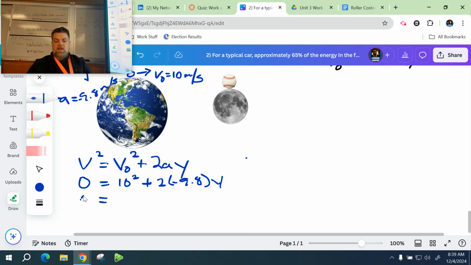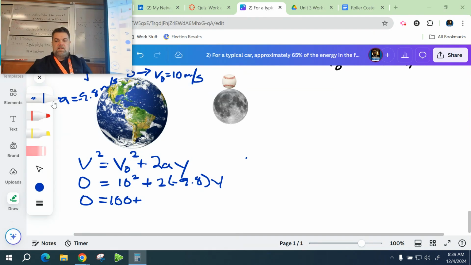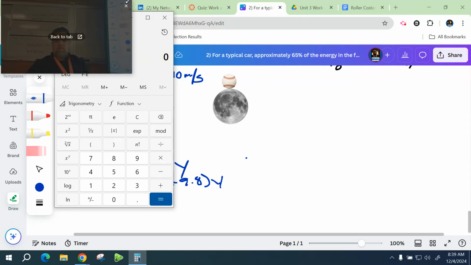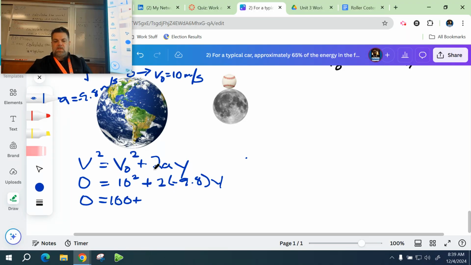So then in the next line, I've got 0 is equal to 10 squared plus, what's 9.8 times 2? I think it's 16.9. Let's see. No, it's 19.6. So we'll say 9.8 times 2. Yeah, it's negative 19.6.